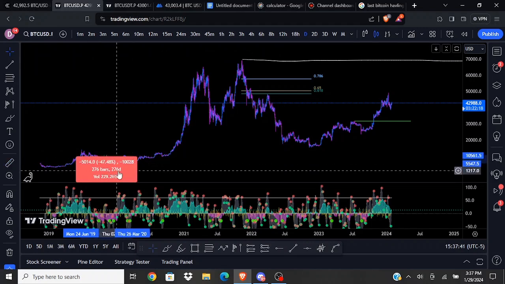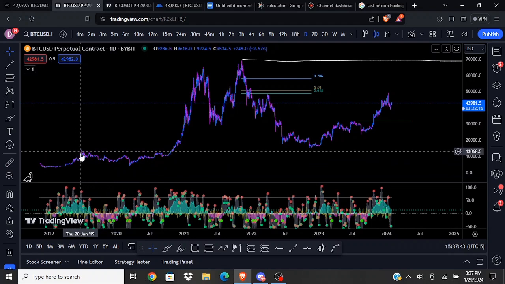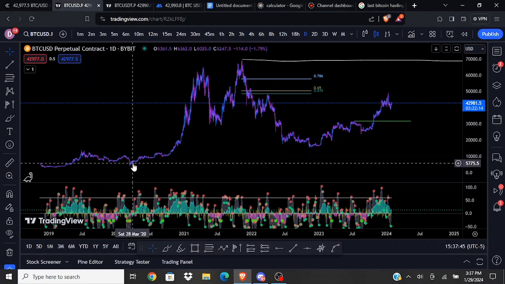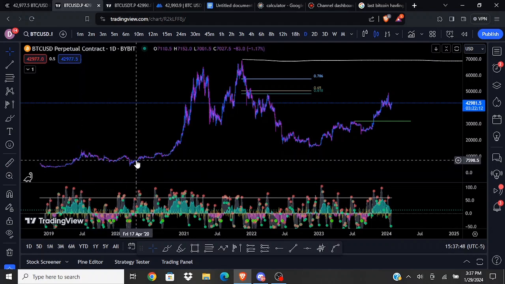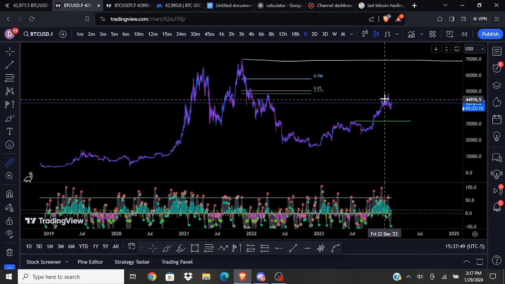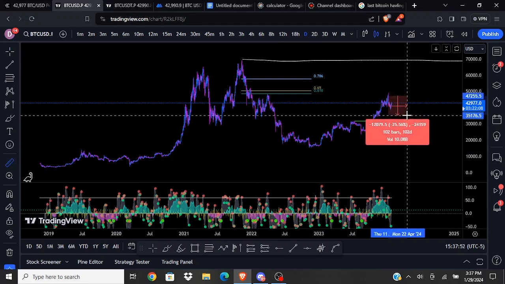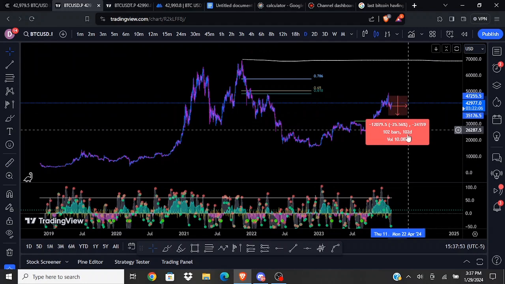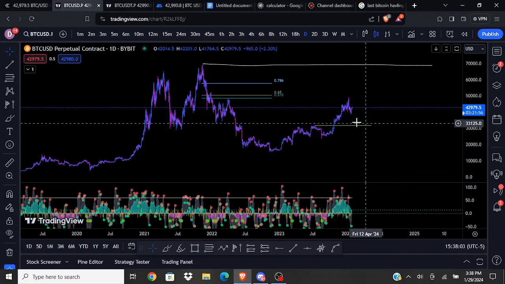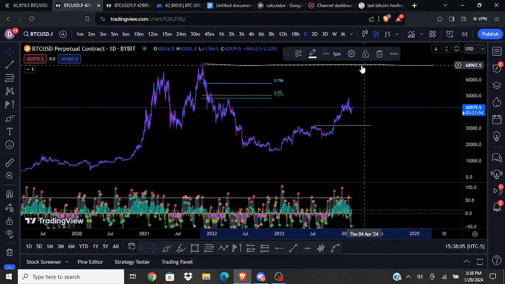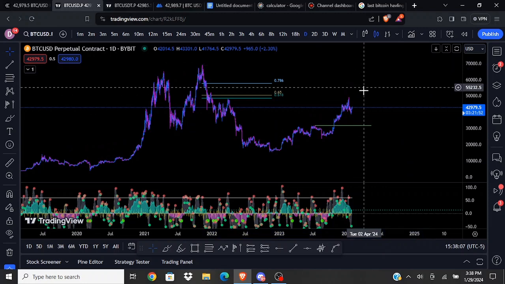This was 276 days from that bear market rally top to the low and then to the halving. It took a long time. And at this point, measuring out to April, it's going to be like 100 days. So we are in a bit of a different situation here. It's not exactly how it was back in 2020.